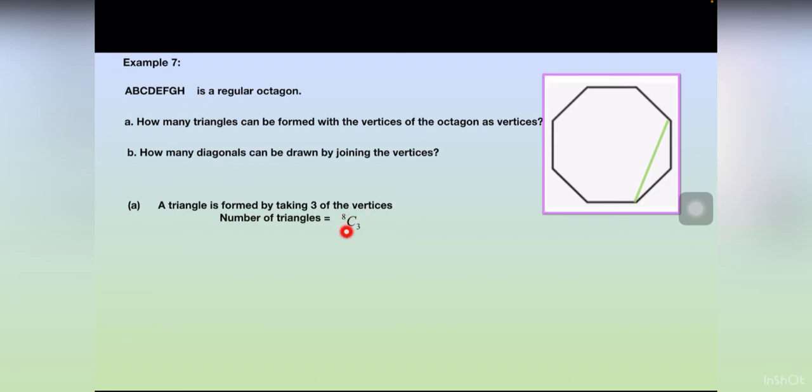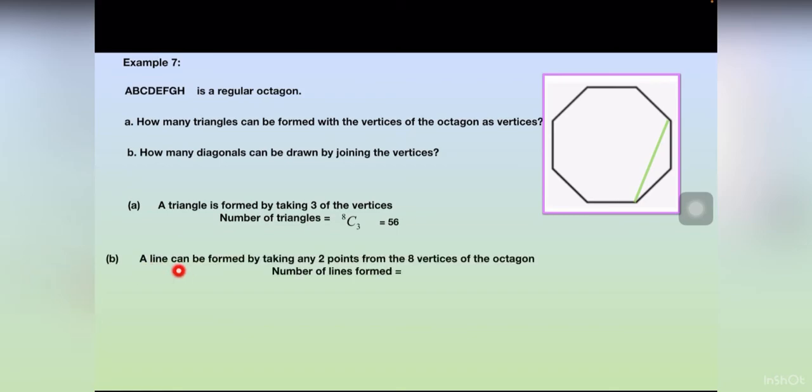So we have to select 3 in order to form a triangle. We have 8C3, which is 56.